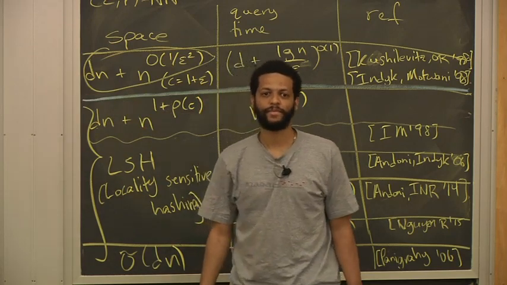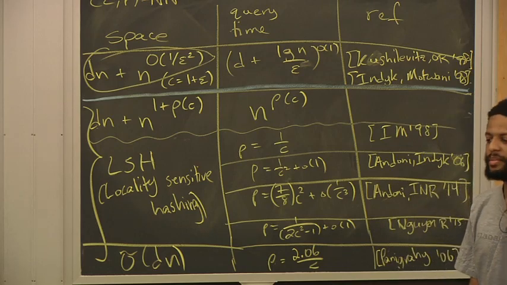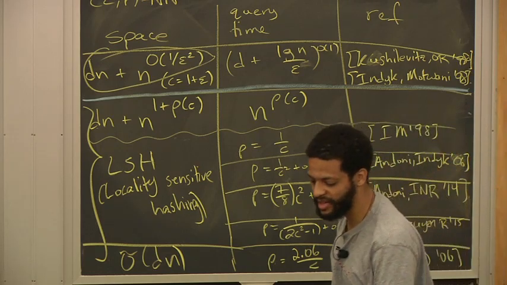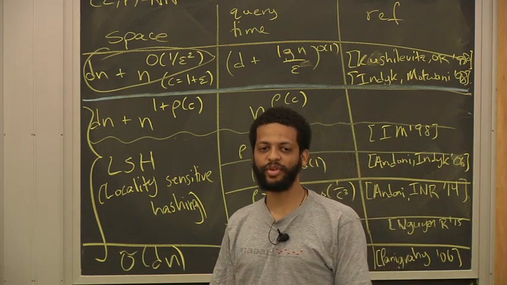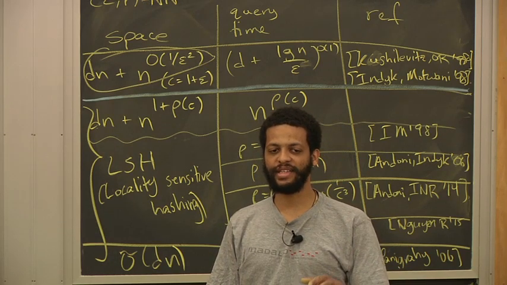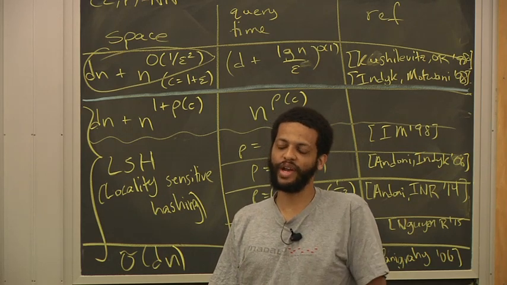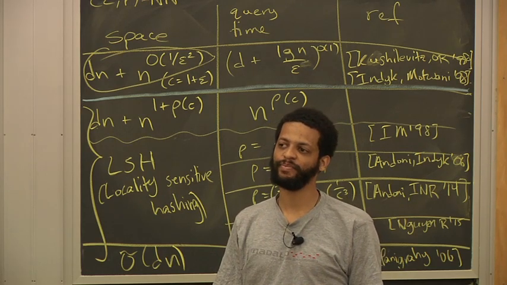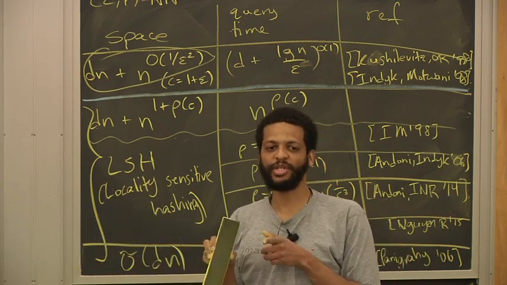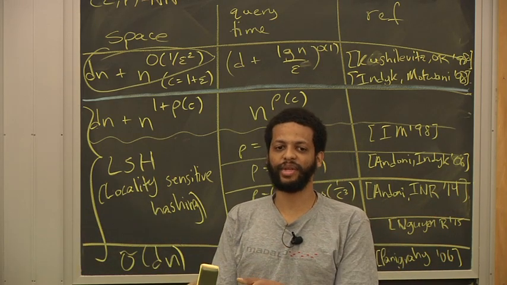Just curious, why is it called locality sensitive hashing? So the data structure uses as a primitive what's called locality sensitive hash functions. What's the idea behind such a family of hash functions? You want a family of hash functions such that if two vectors are close to each other, it's likely that they'll hash to the same place.